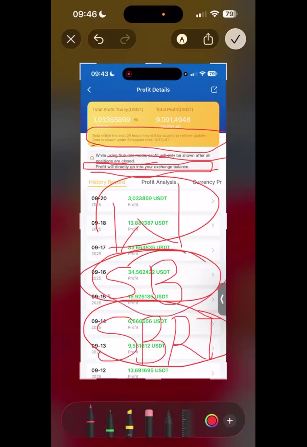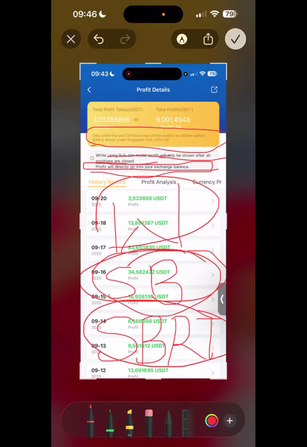Now, the sub-bin mode. With that mode, if you put your trades on that mode, there will be sub sales. What are sub sales? Anytime the robot purchases from fifth call and above, it sells them on separate lines. Okay, so if fifth call should sell, sixth call should sell, seventh call to sell, it's not going to give you the profit.